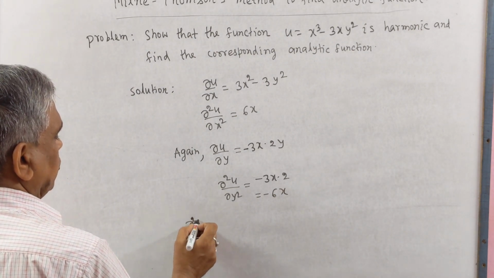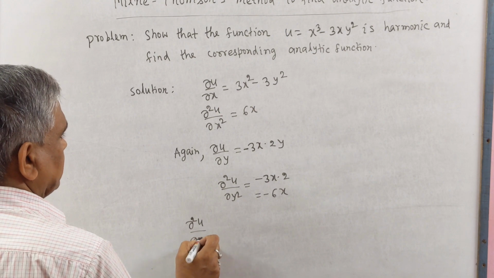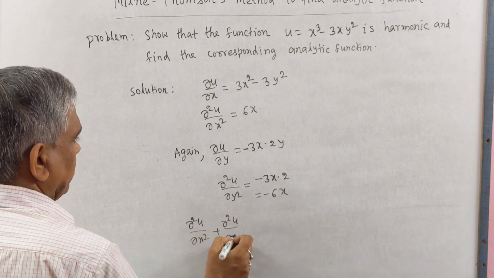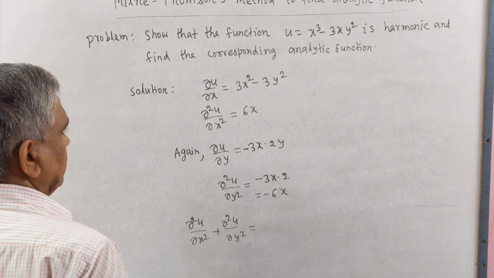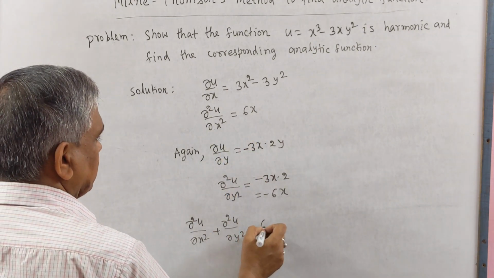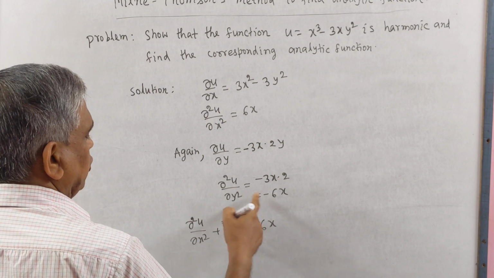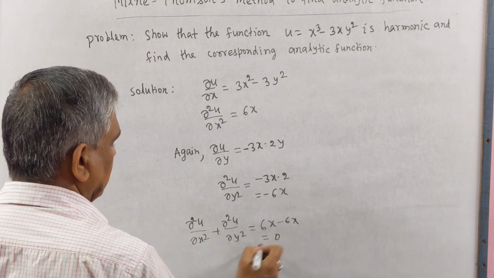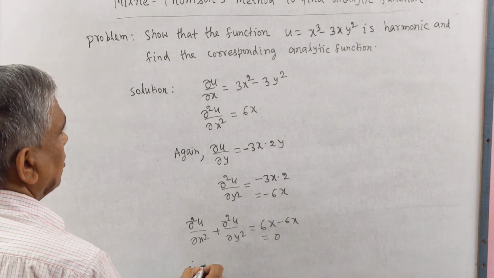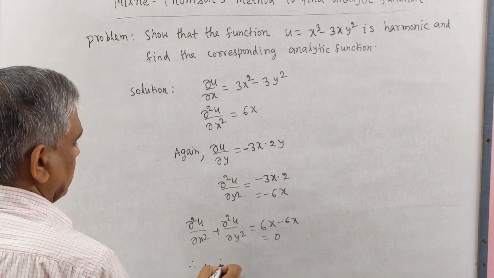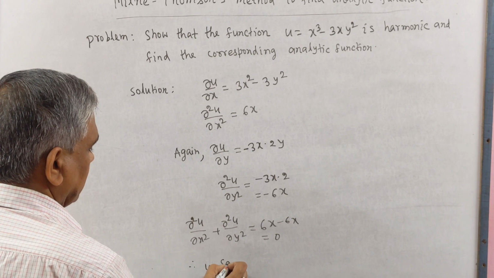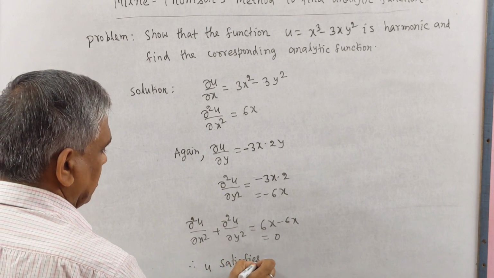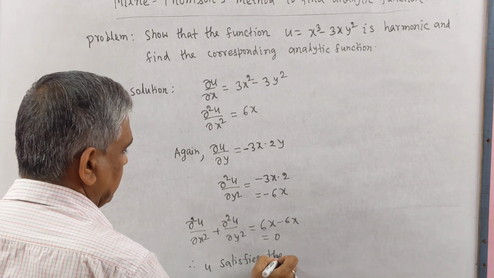Del 2u by del x square plus del 2u by del y square. Del 2u by del x square is 6x, and del 2u by del y square is minus 6x. This is 0, therefore u satisfies the Laplace equation.